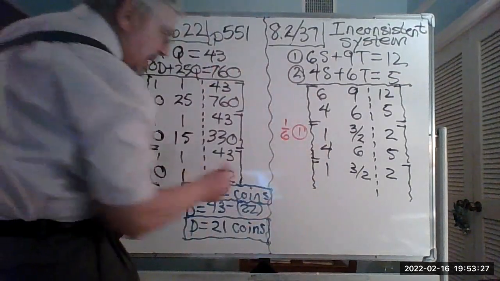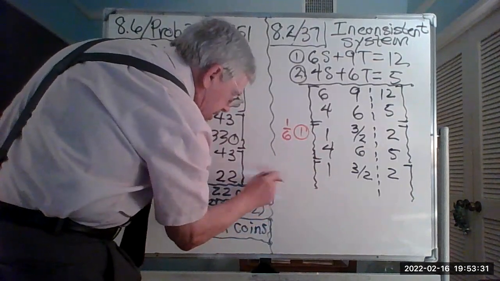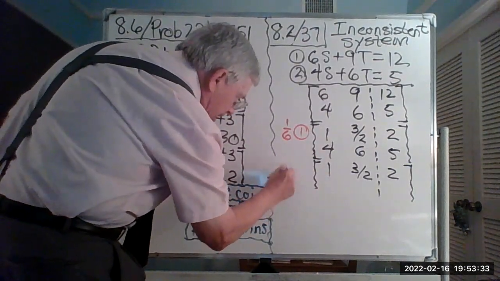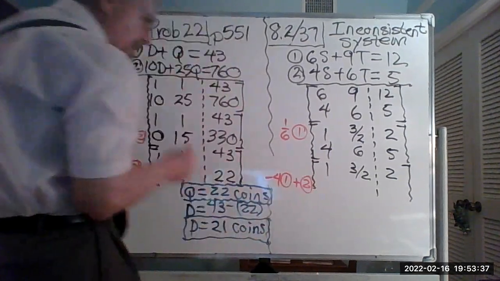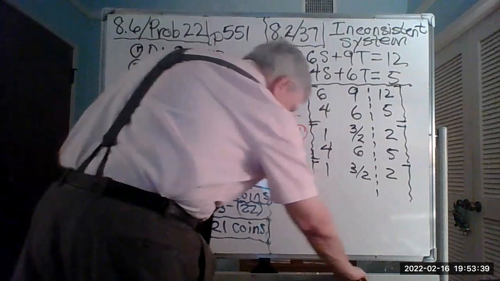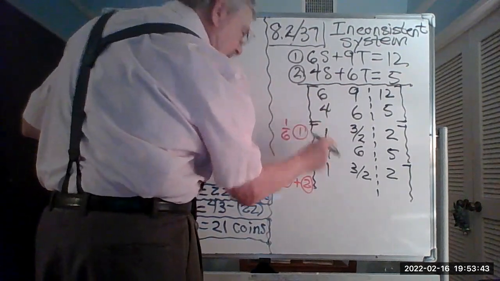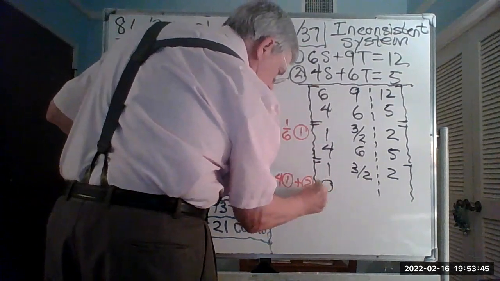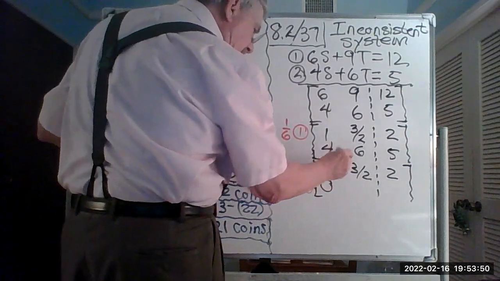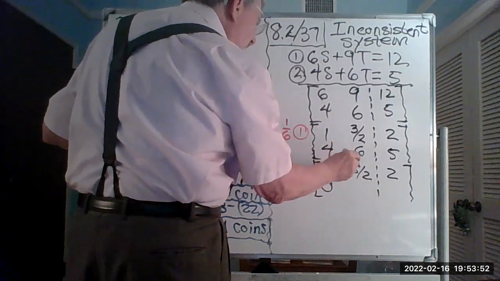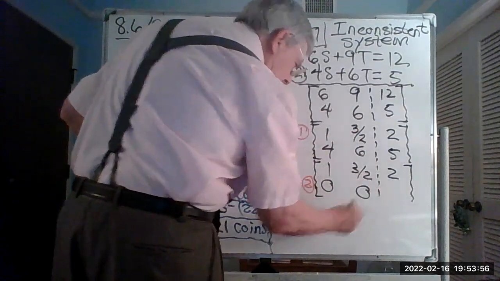So I'm going to go -4 times row 1 plus row 2. So -4 times 1 is -4 plus 4 is 0. And I got my 0 right there. Good. -4 times 3/2 is -6 plus 6 is 0.